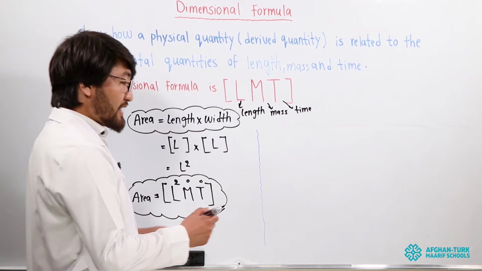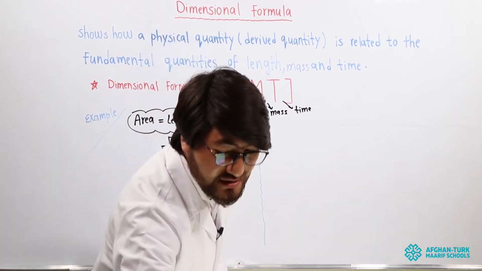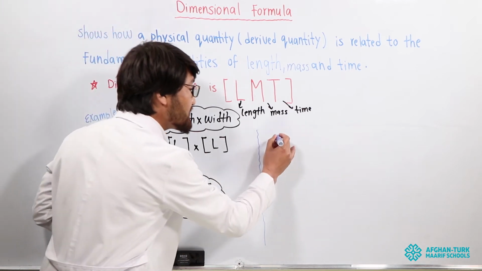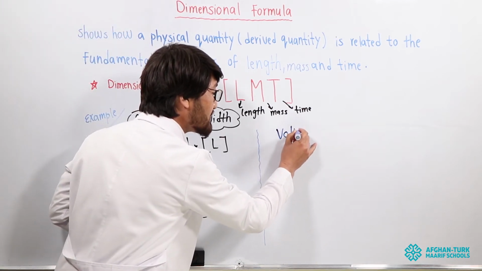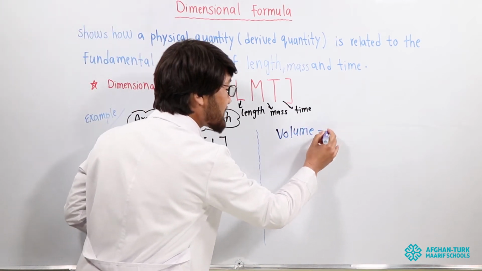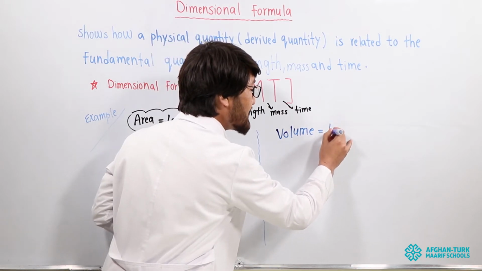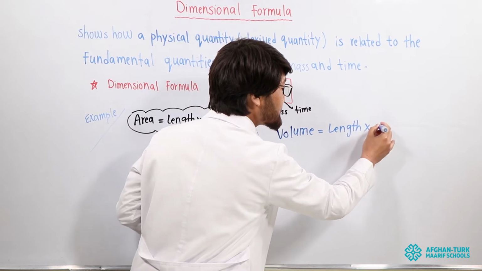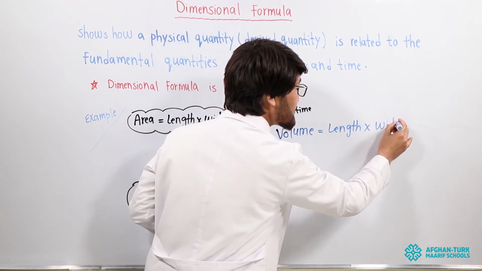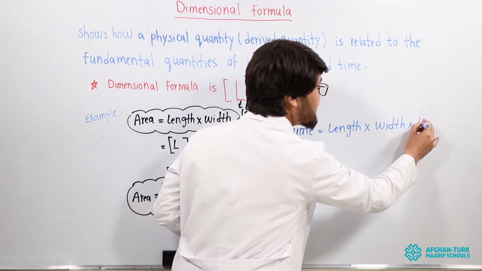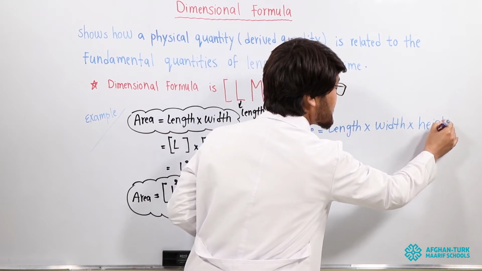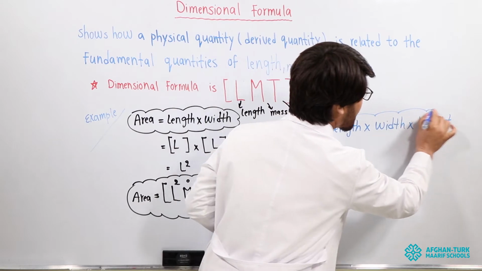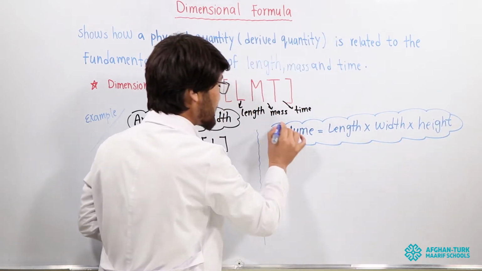Now another example of the dimensional formula I will solve for you. Do you know volume? Tell me, students. Volume is equal to length times width times height. This is the formula for volume.